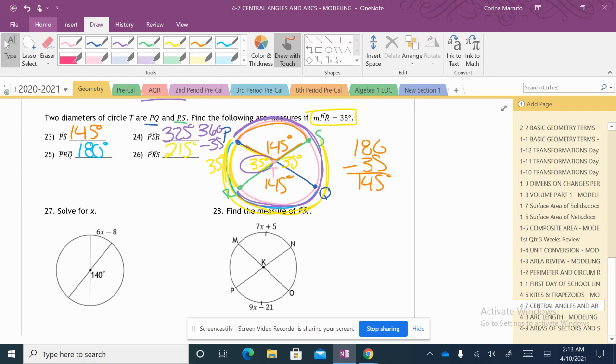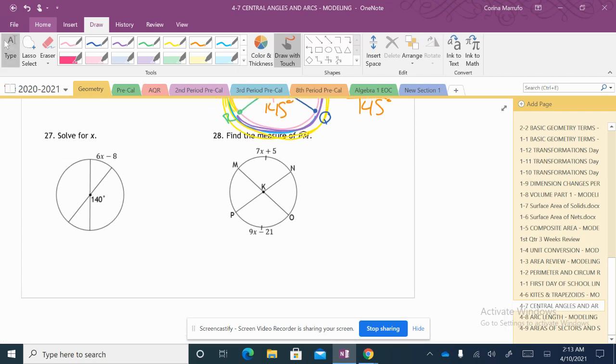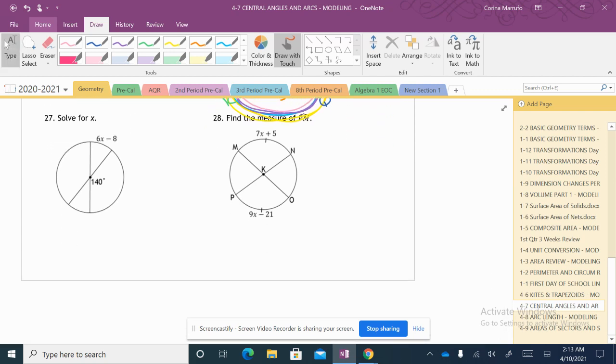Now the last section is going to use a little bit of algebra. So here it says solve for x. So it's telling us this arc is 6x minus 8, which means this angle in here is 6x minus 8. They tell us that this angle right here is 140. So we know because they both together make a semicircle, they should add up to 180. So 6x minus 8 plus 140 equals 180.